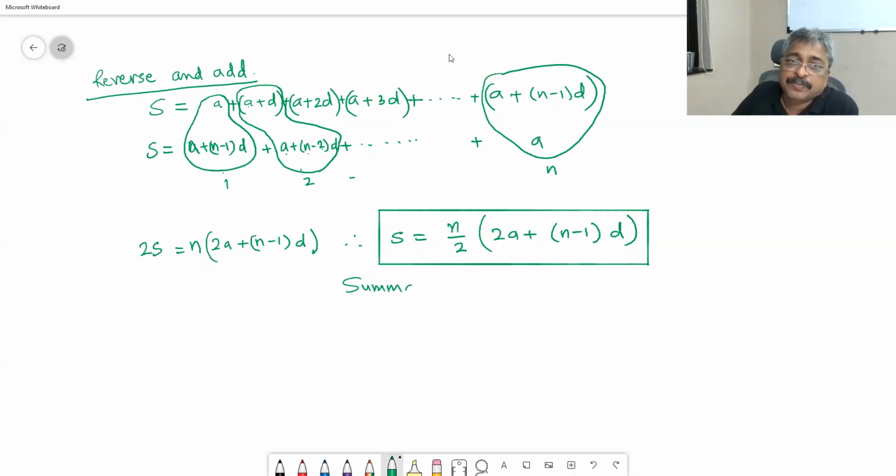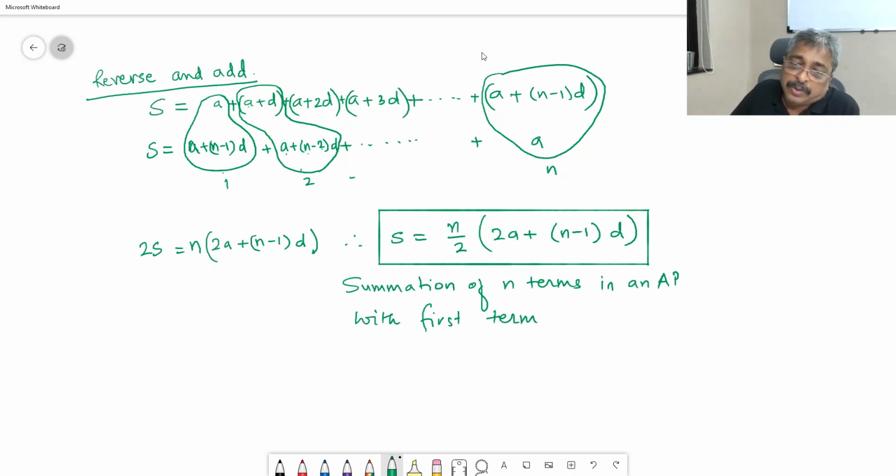Summation of n terms in an AP with first term equal to A and common difference equal to D. This needs to be remembered.